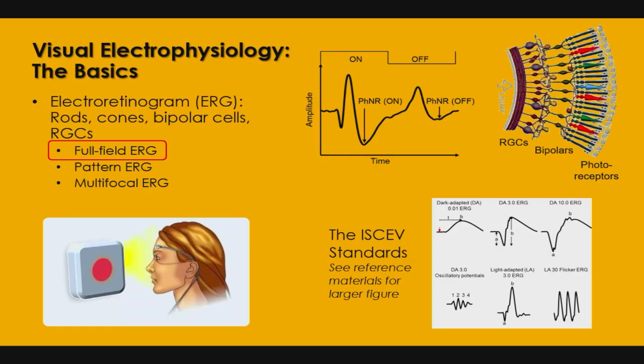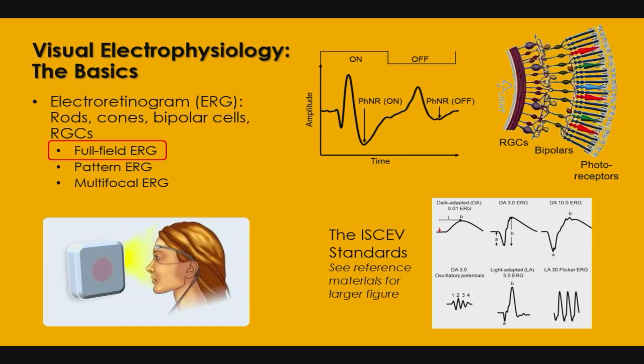This bit here, which is called the A wave, please, scientists, we are boring. Don't ask me who decided on calling it A, but it's called the A wave. This A wave signals photoreceptor activity. All right, so a nice deep wave here means your photoreceptors are fine.